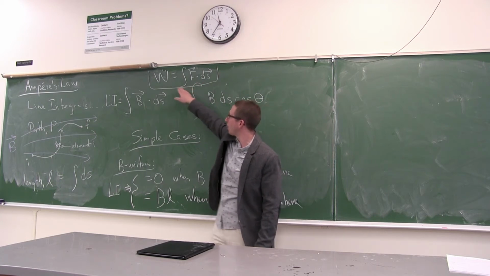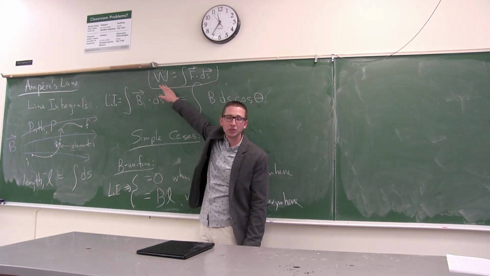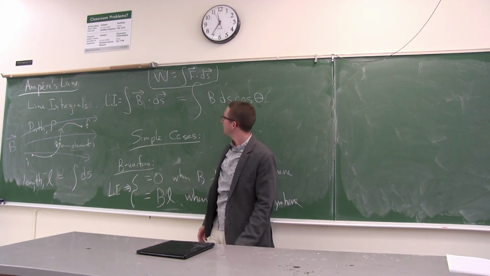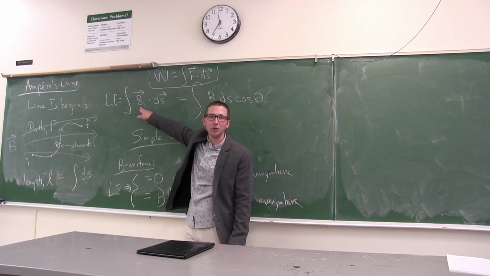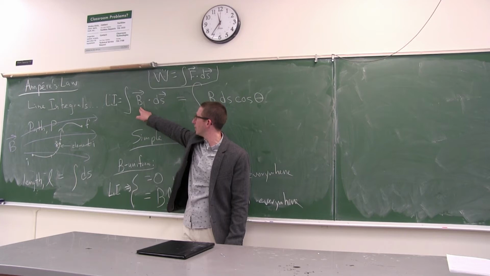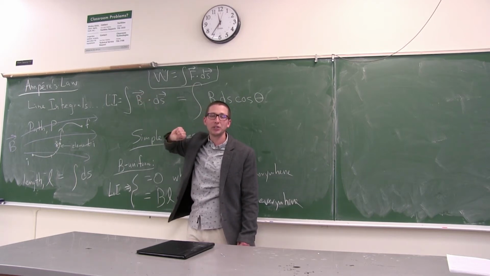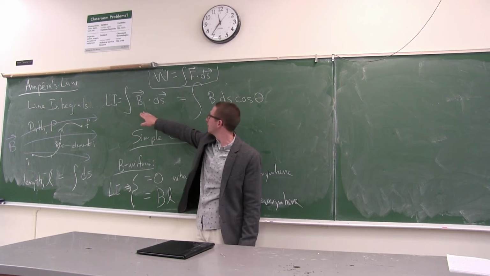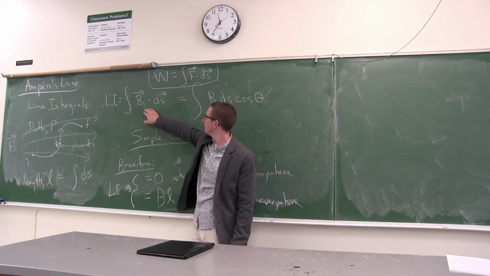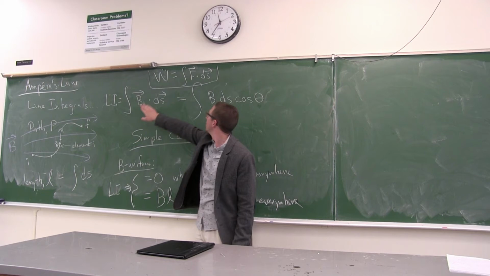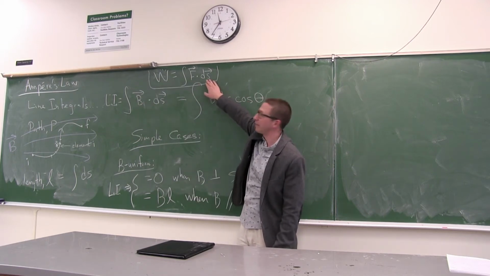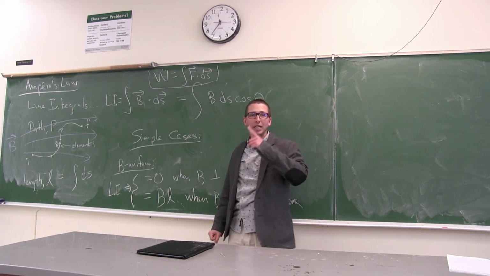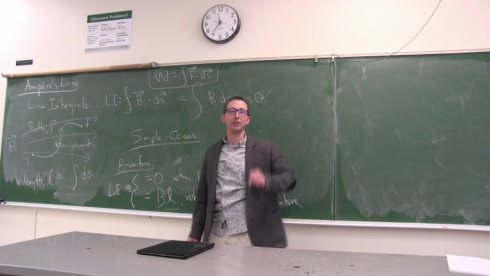Now work is a transfer of energy. It has units of joules, but magnetic field doesn't have units of newtons. So when I take this integral right here, it doesn't have units of joules. Magnetic field is an interesting vector field. When we do the line integral of an electric field around a closed loop, it gave us zero.